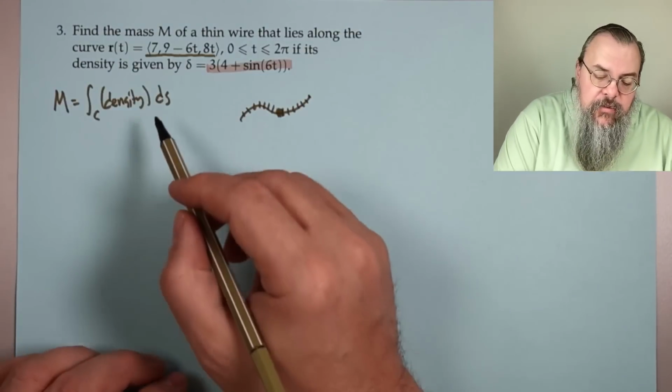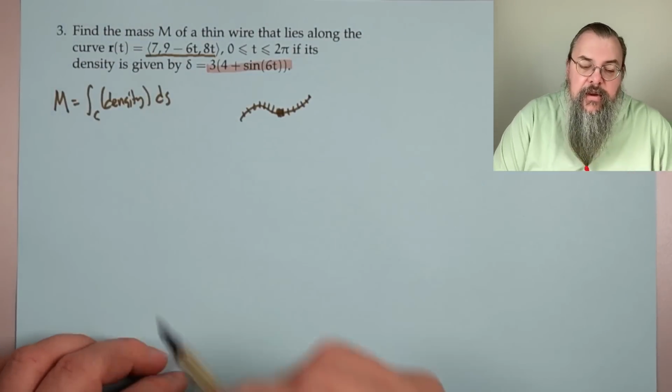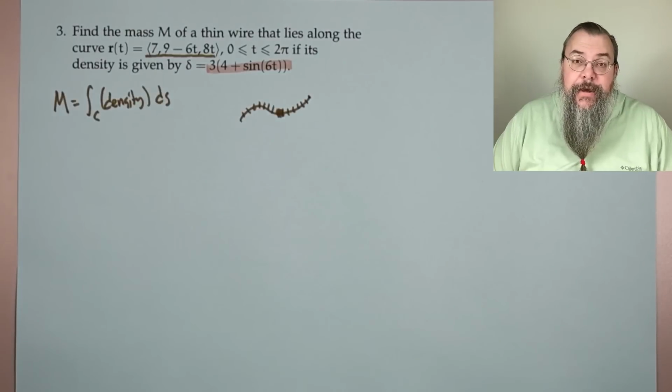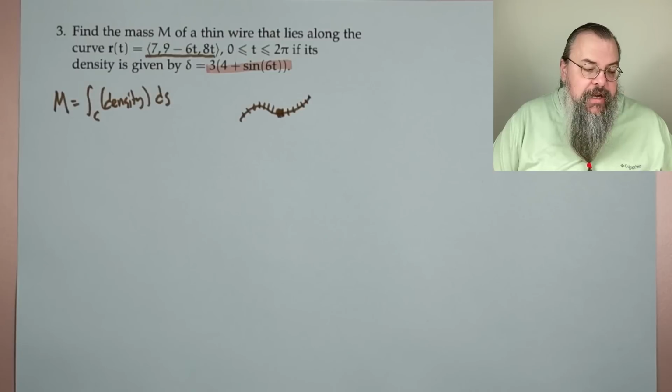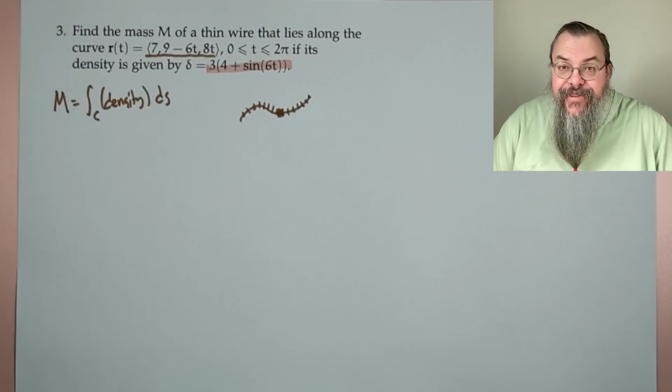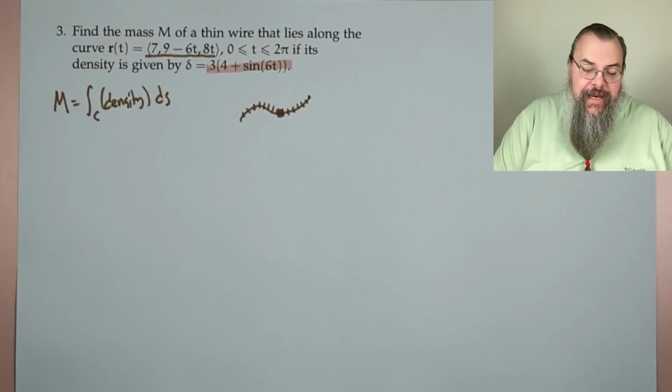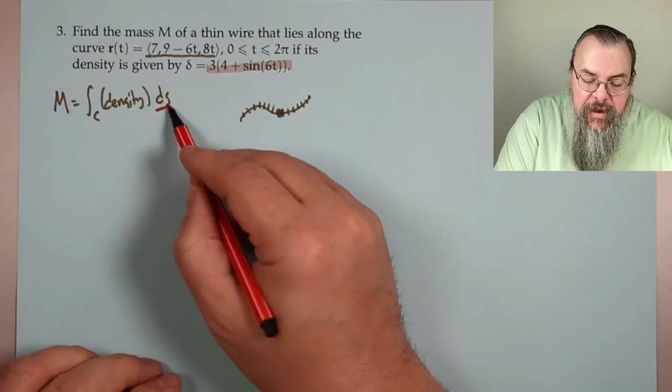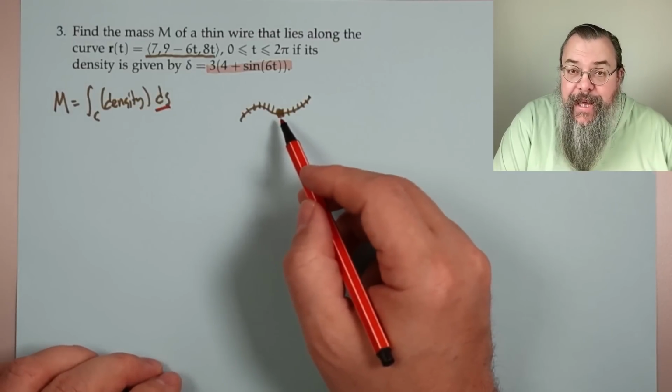So let's remind ourselves of a couple of things. Let's go through the process so we're ready for anything more interesting that might come along. What is the ds? How do you find it? So ds, that's this part, it's basically a little segment of length.